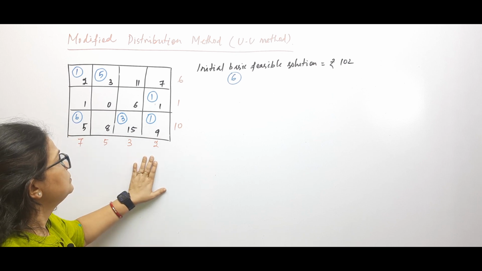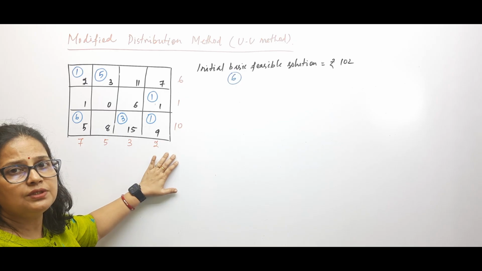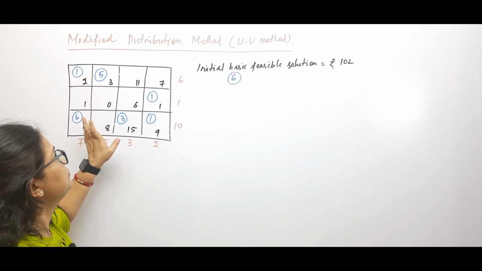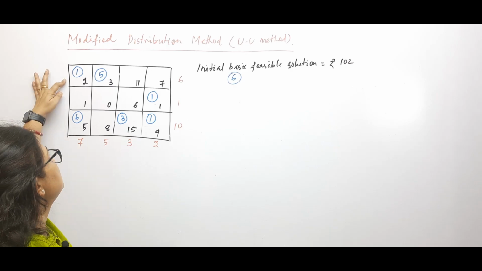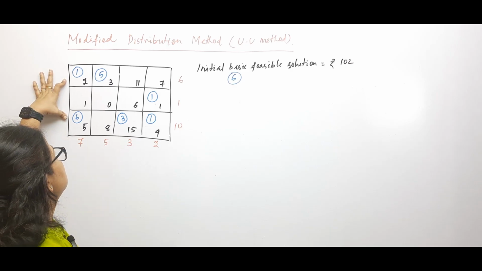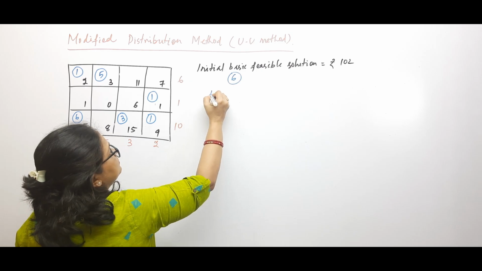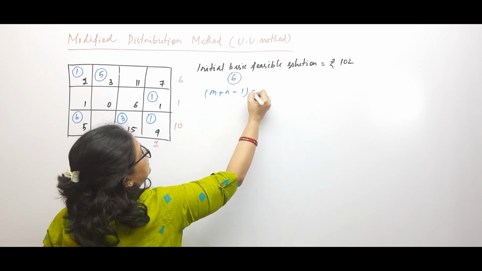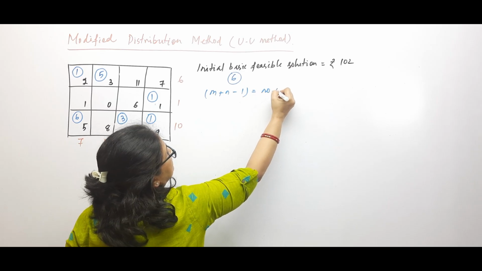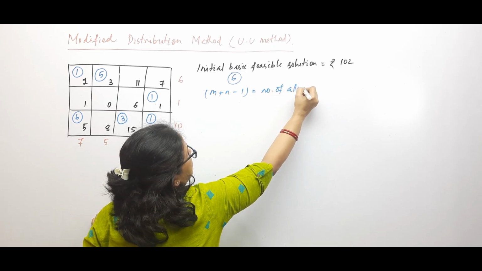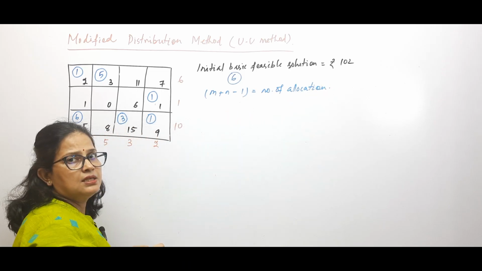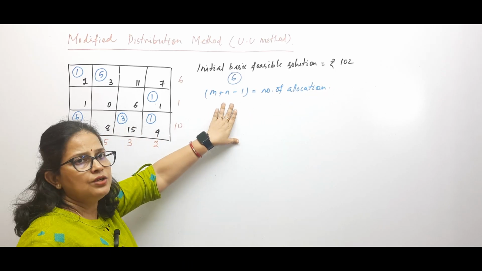So how to proceed for the optimality test? First we need to check the number of rows and number of columns. The number of rows plus the number of columns minus 1, that is m plus n minus 1, should equal the number of allocations. This is our first step, to see whether this is satisfied or not.